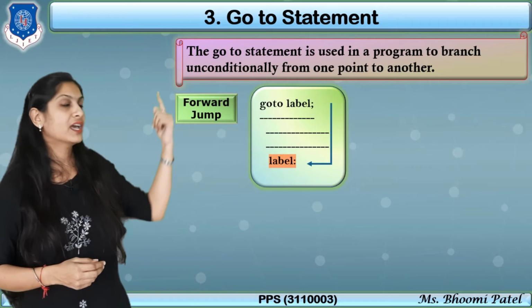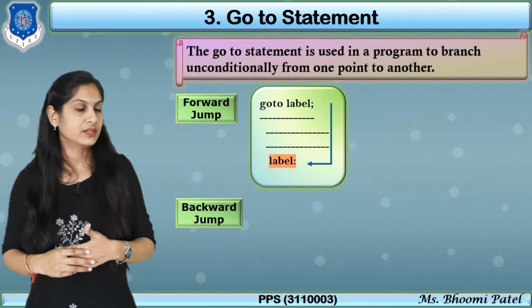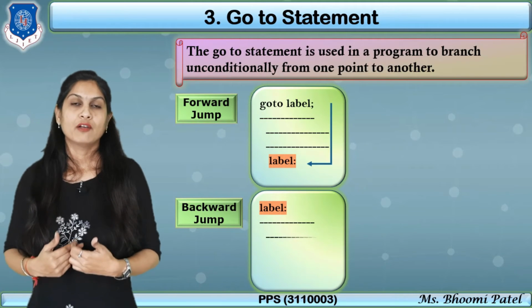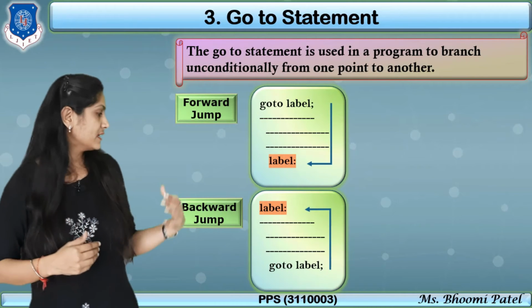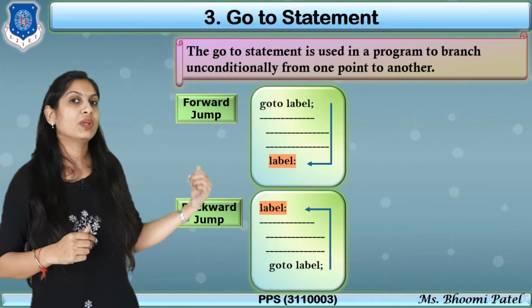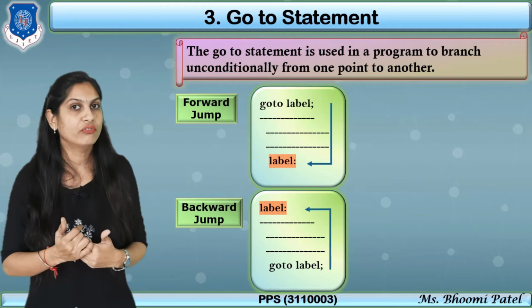Clear? So here you can see it jumps forward, so the name is forward jump. Now the next one is a backward jump. It is the reverse of it, when you are moving from last to upper. In this case we can say it is a backward jump. Here the goto is below and the label is above it.